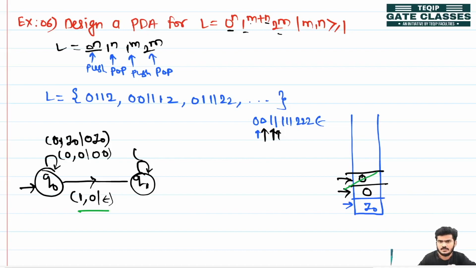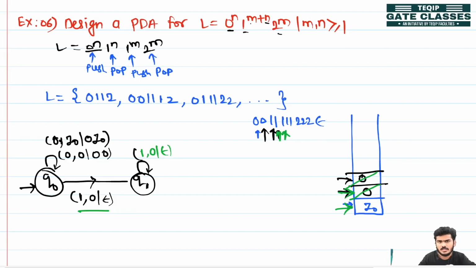Similarly, for the next 1, 1 with the top of the stack 0, I will do pop. So I have popped this 0 also, and I have moved to the next top pointer, that is Z0, and I came across another 1.